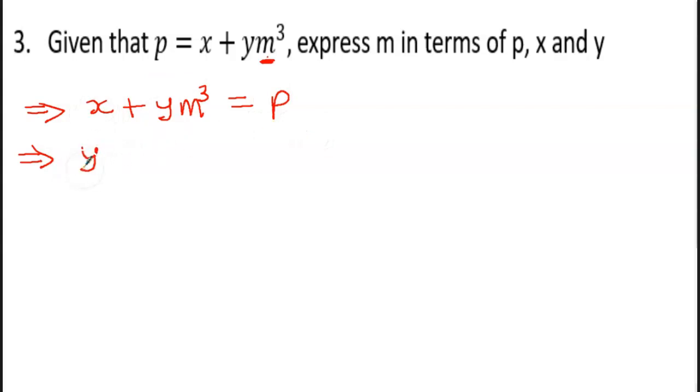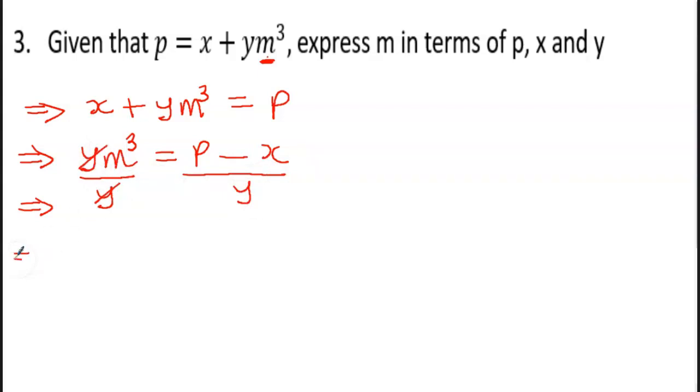So we have ym cube equal to p minus x. There's still another y here, which is worrying m, so we need to take it off by dividing both sides by y. So y will cancel y, and we are going to have m cube equal to p minus x on y.